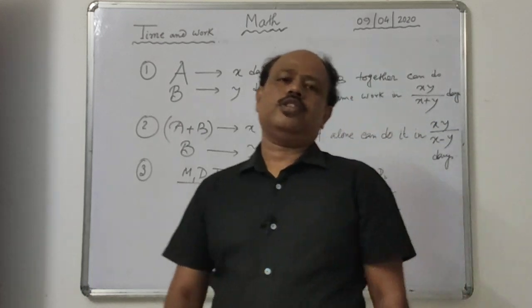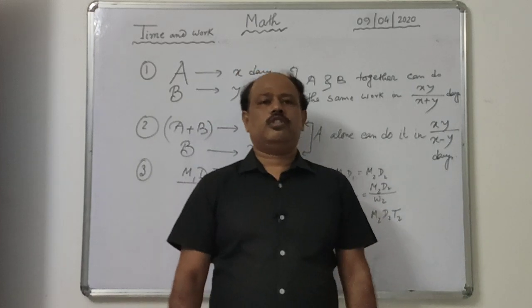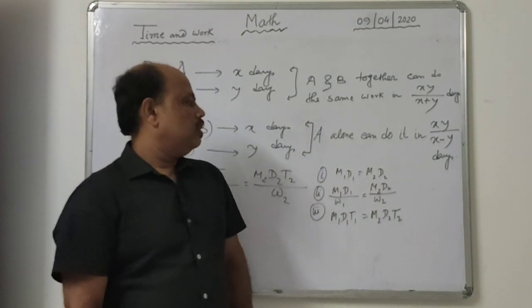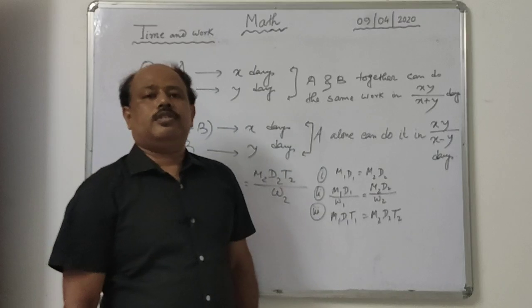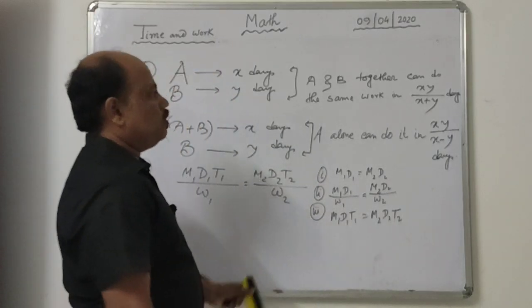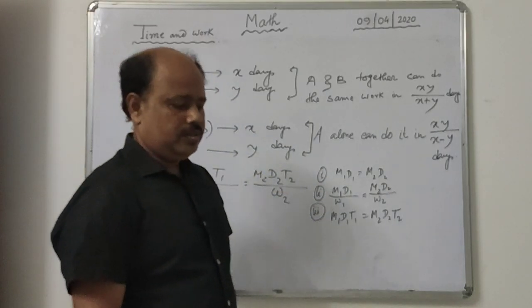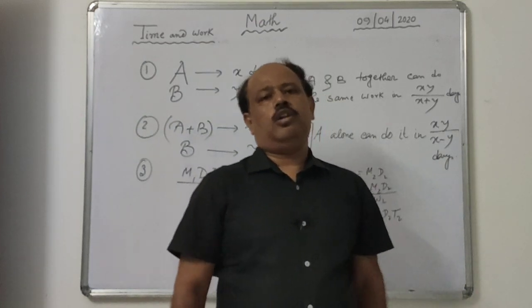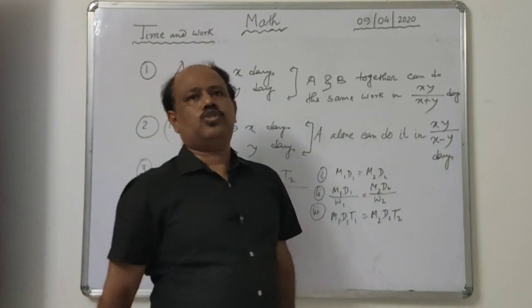These three formulas you have to keep in mind from today for the chapter of time and work. VVI this chapter. So using this formula, we have to solve some questions today.